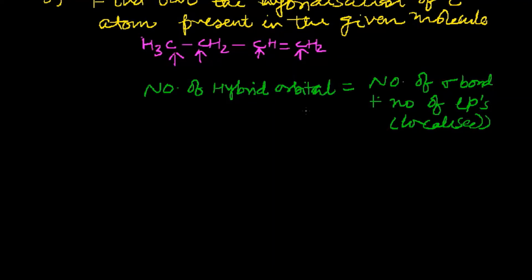So in this particular case, since there is no lone pair at all, therefore we can see here in the very first case there are 3 hydrogen and 1 CC bond. So in total for the very first carbon, if I just number them, we can number it like this. This is first carbon, this is second, this is third, and this is fourth. In case of first carbon, remember it's very important to know that only atoms are hybridized, it is not the molecule that is undergoing hybridization.